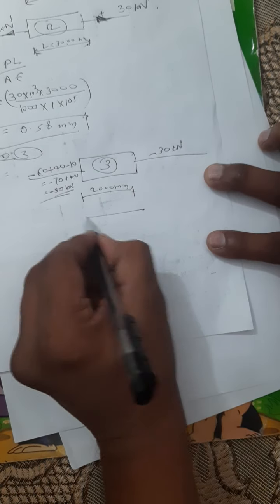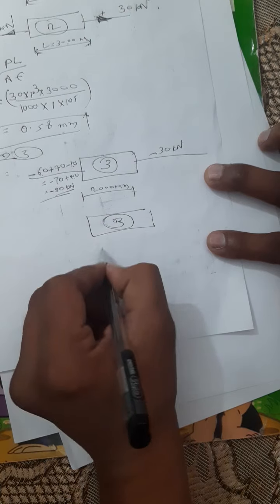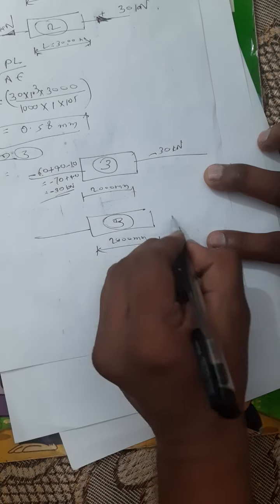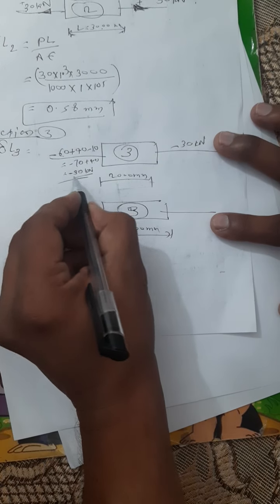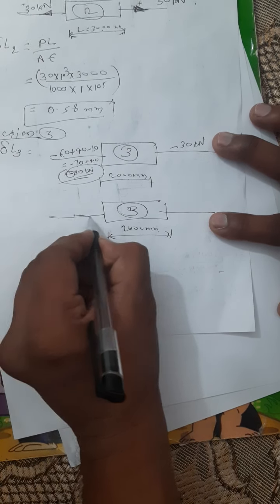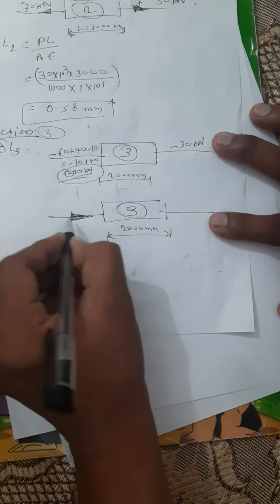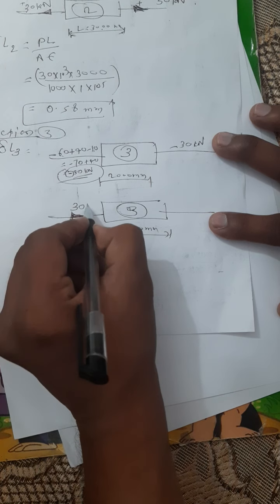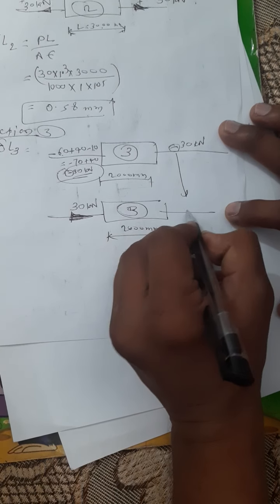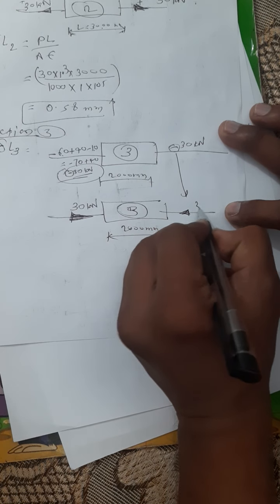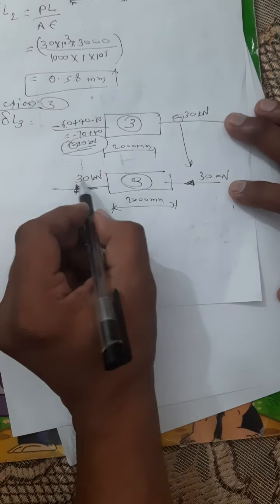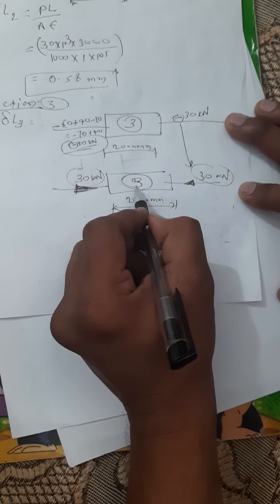So in section number 3, with 2000 mm length, from both the left and right side the force is minus 30, which means a pushing force. This minus sign just converts into pushing. So the force becomes 30 kilonewton at section number 3.